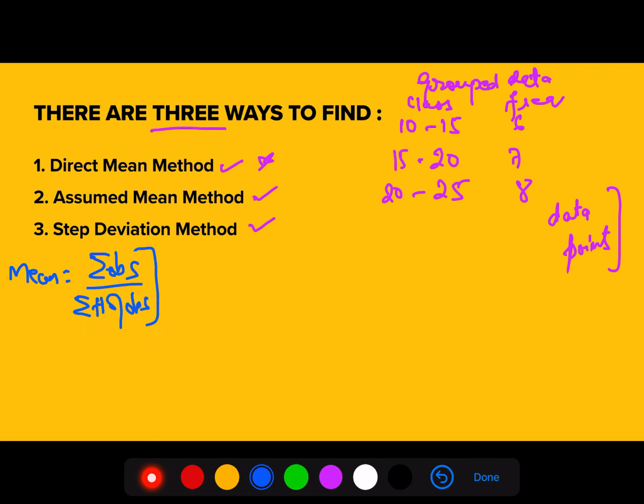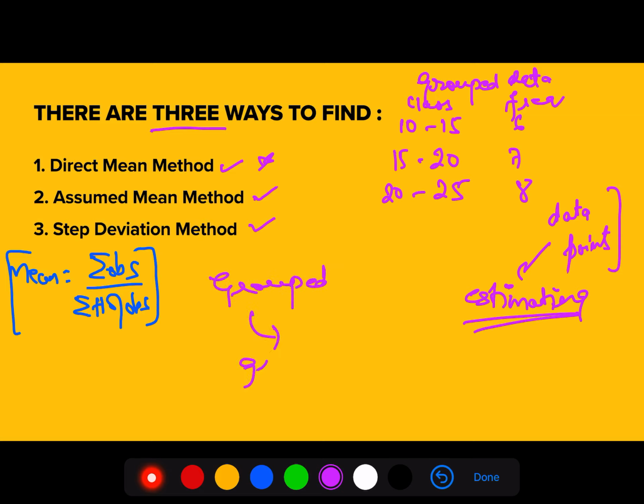If we know the data points, it's easy to calculate, but in this case we don't. So we will be estimating these data points. With grouped data, you can only guess the mean; you will not know exactly what it is, because you don't know the data points.